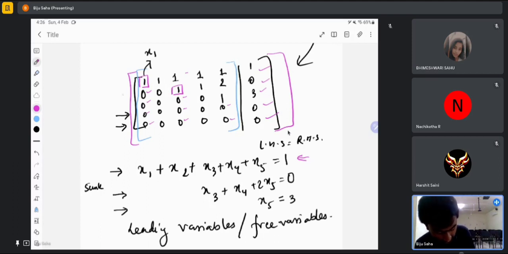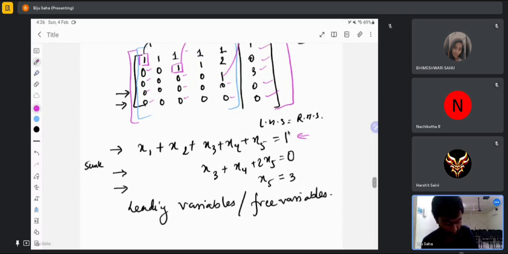Similarly, from the second row, the third column contains the leading element, so x3 is another leading variable. Similarly, from the third row, x5 is the leading variable.